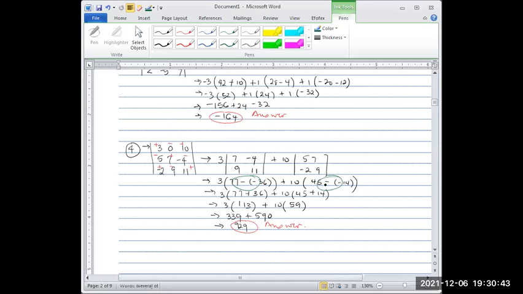You forgot to change it to the positive. Yes, sir. But that comes with mathematical maturity. But yes, you are correct.